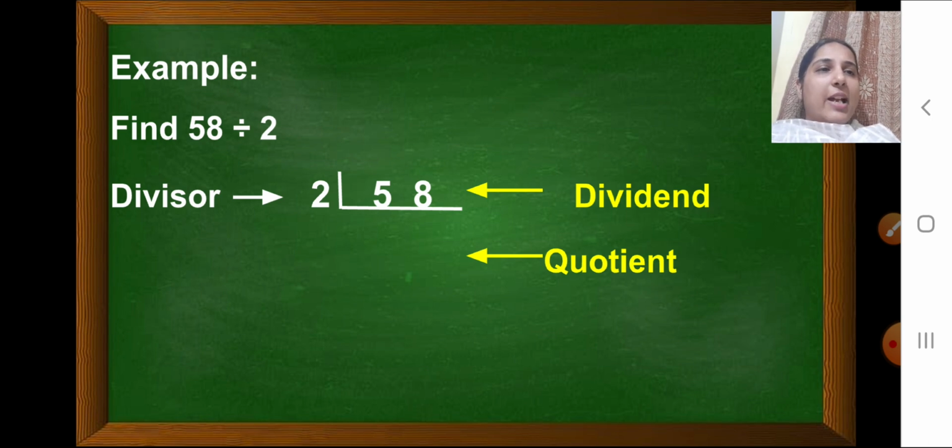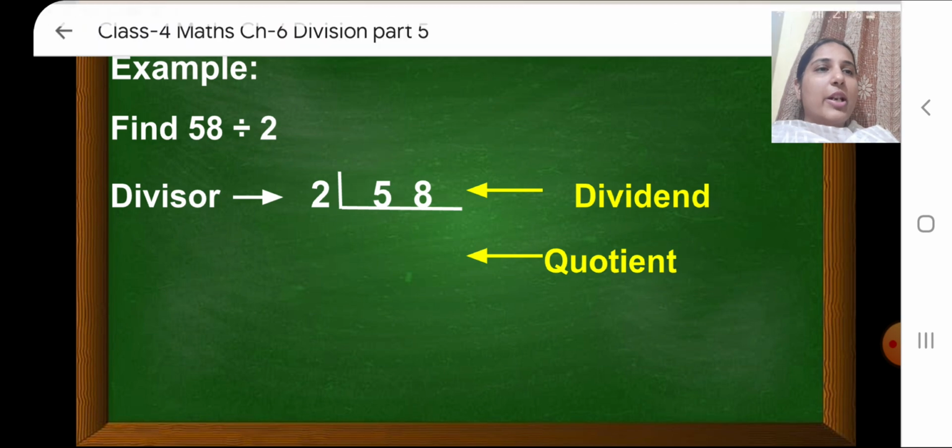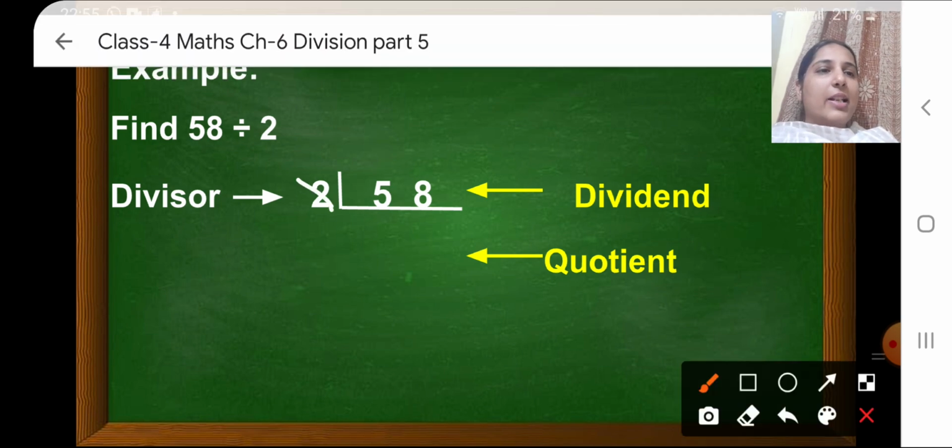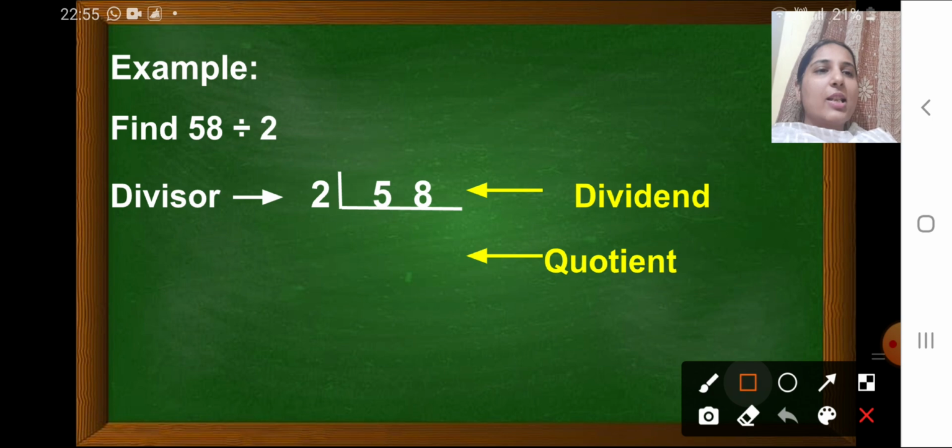Just see here, children, this 2 is the divisor and 58 is the dividend, which we have written here. Now look at the first digit of the dividend. What is the first digit of the dividend? 5. So 5 divided by 2.